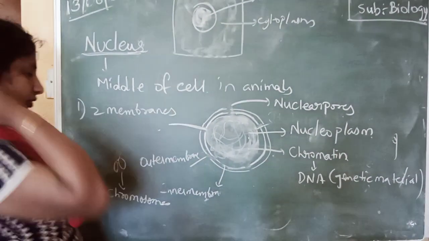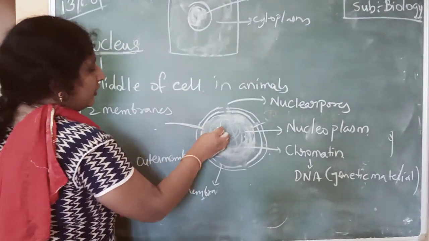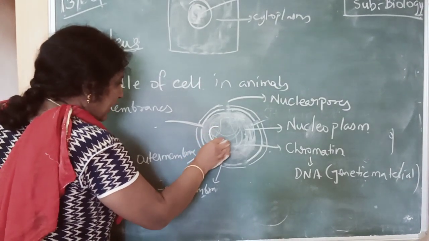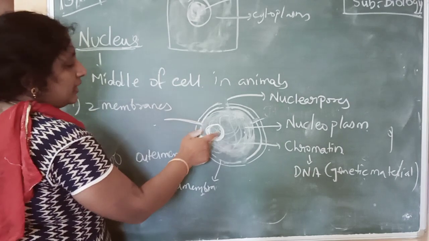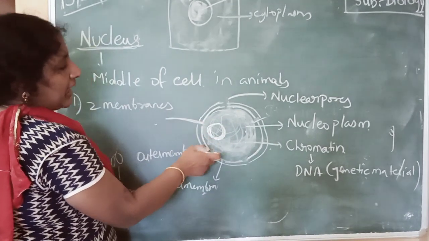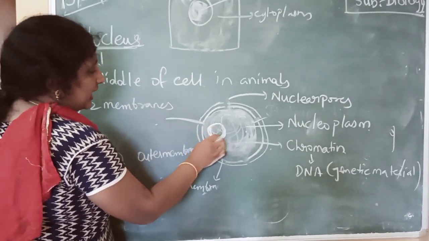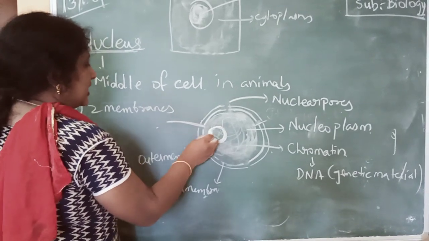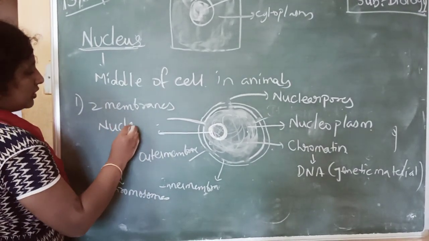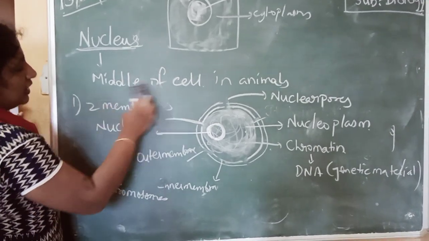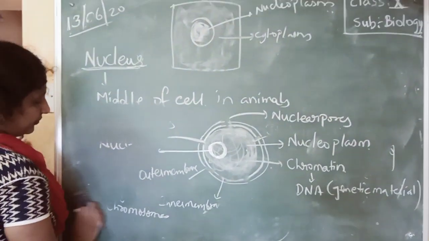Now, in the middle, inside the nucleus, in the nucleoplasm, you will observe a dense ball-like structure. This is called the nucleolus.